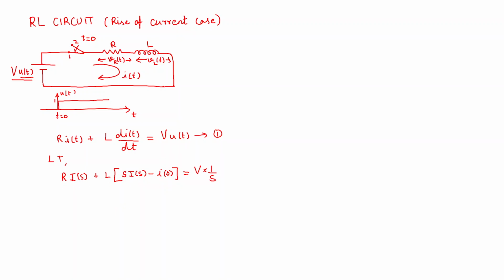Now there is no initial current; that is our assumption. So i of 0 is going to be 0, because we have taken no initial current through this inductor. If I rewrite this function, I get I of s is equal to V divided by s into (sL plus R).